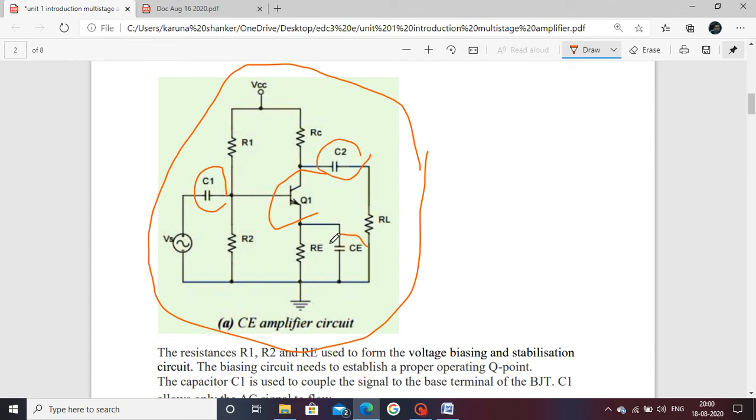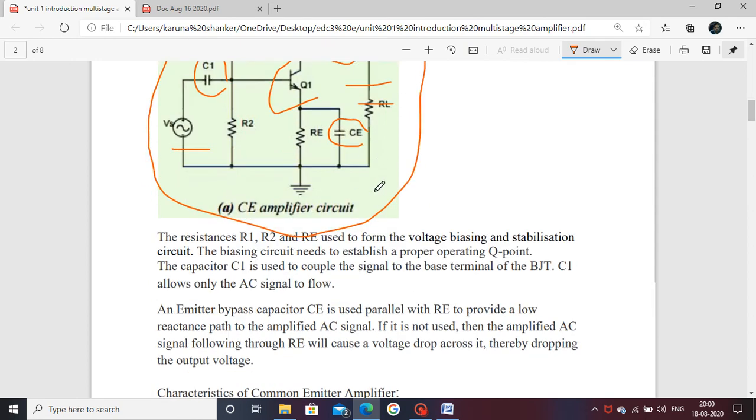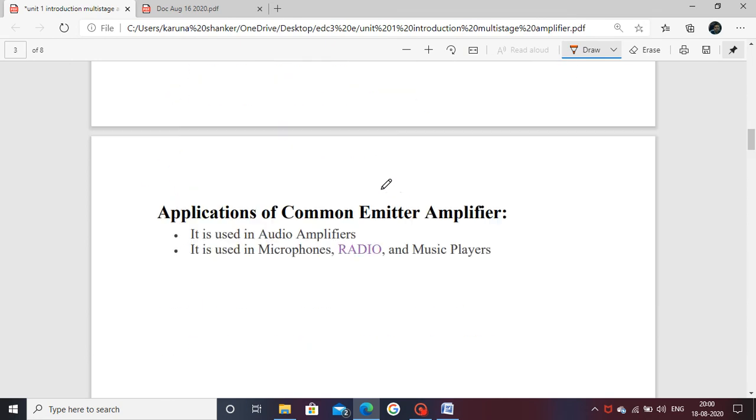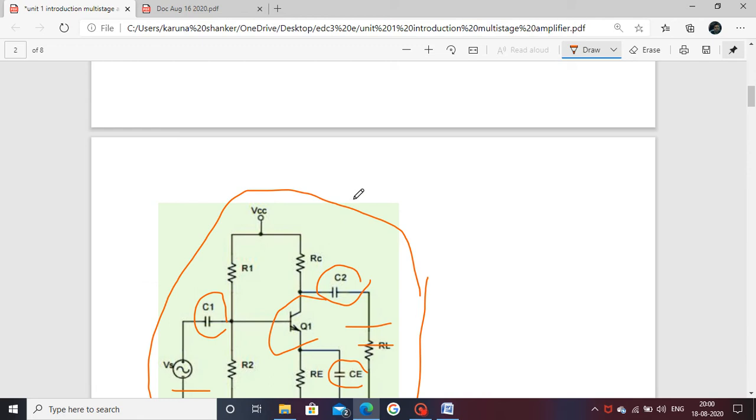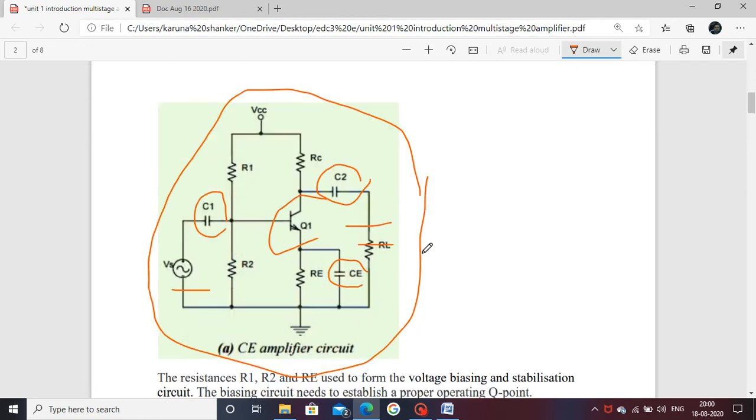This is the emitter bypass capacitor. This is the input. If you give input here, then output comes this side. Overall, this is an amplifier that increases your input signal strength on the output side. This circuit is only for the introduction of single stage amplifier.